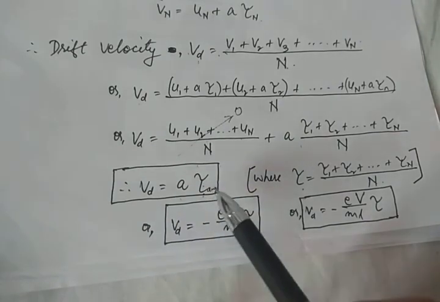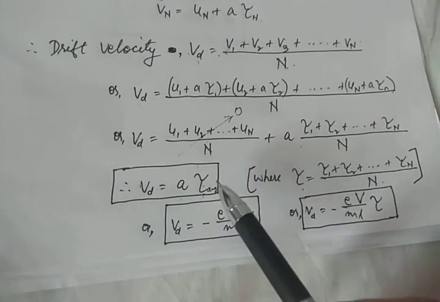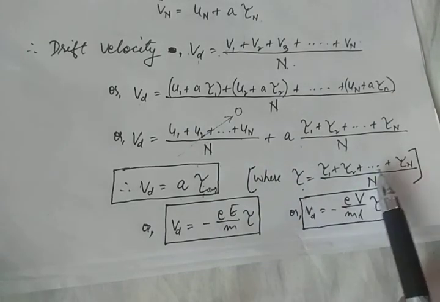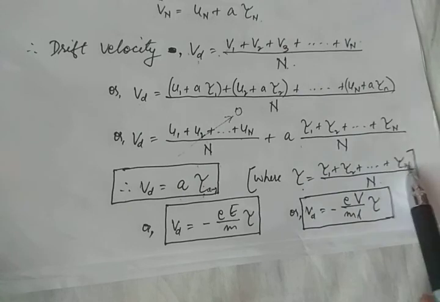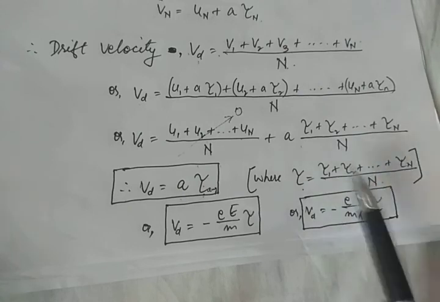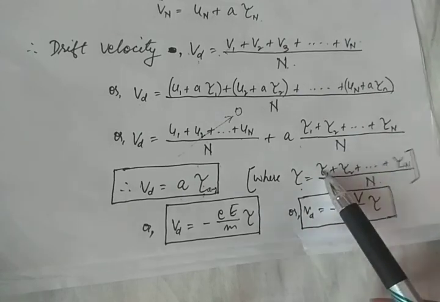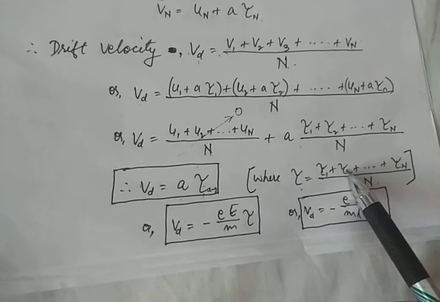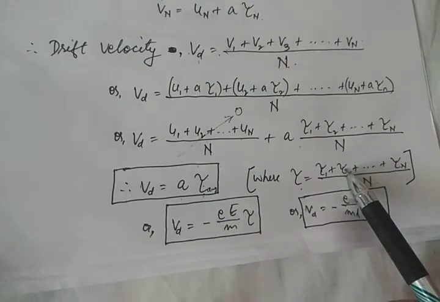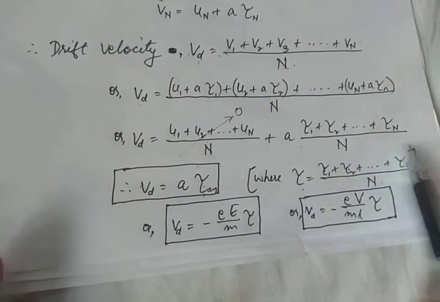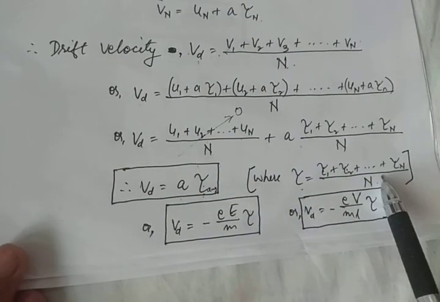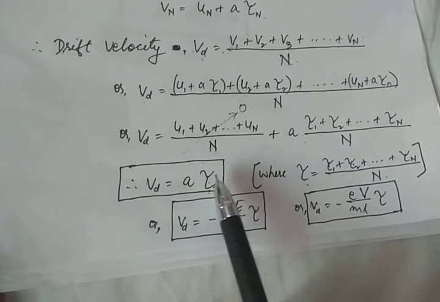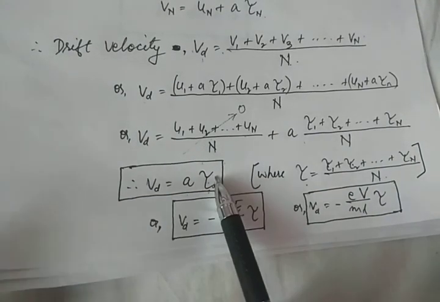That is the average of the time taken by the electrons between two successive collisions. Tau 1 is the time taken by the first electron between two successive collisions, and tau 2 is the time taken by the second electron. So the average of the time taken between two successive collisions is the relaxation time.